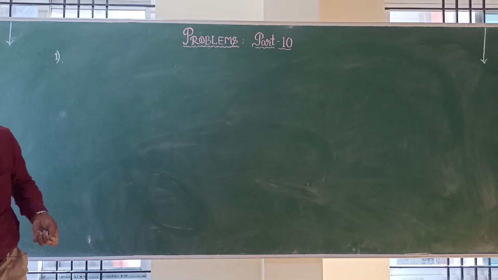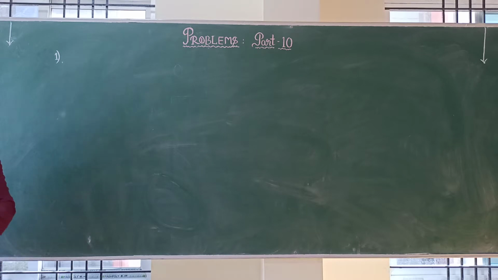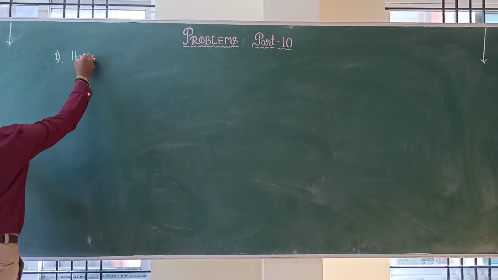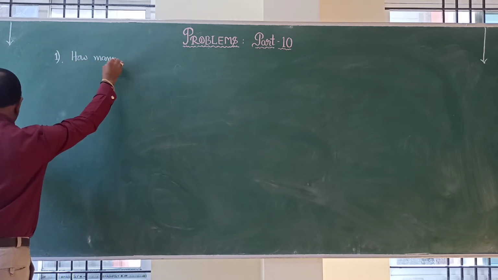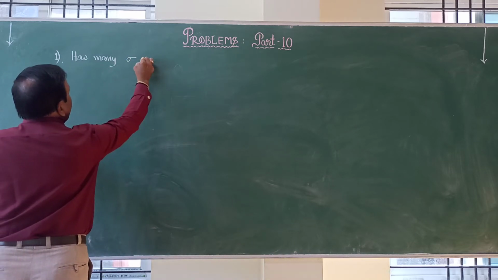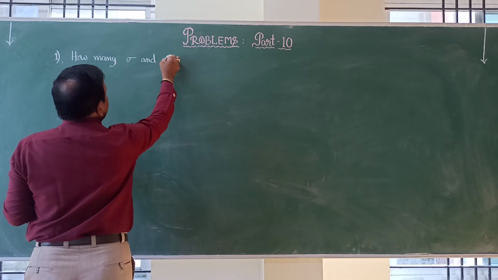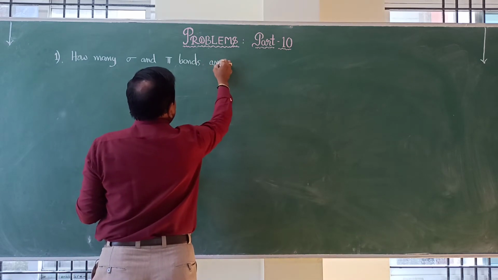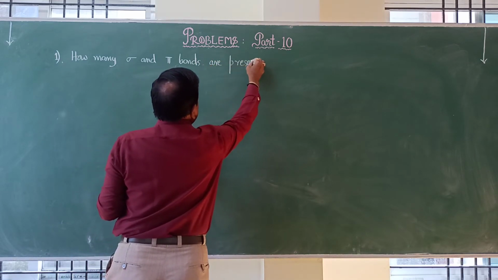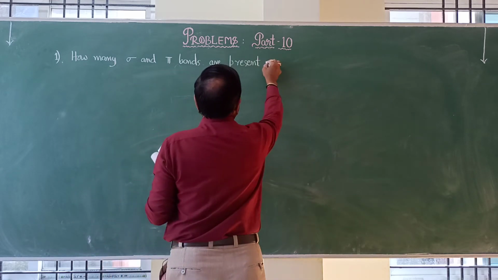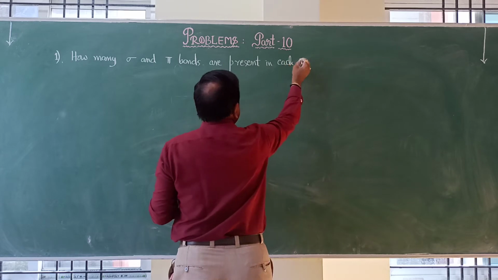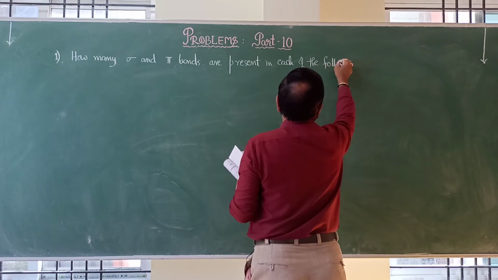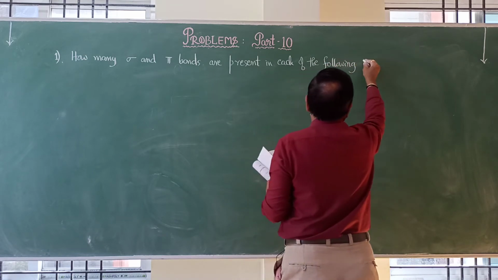The first problem is, how many sigma and pi bonds are present in each of the following molecules.